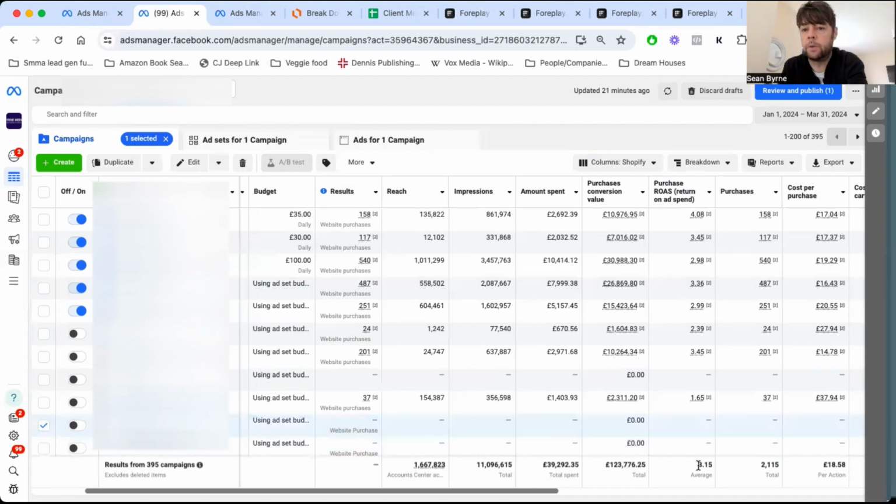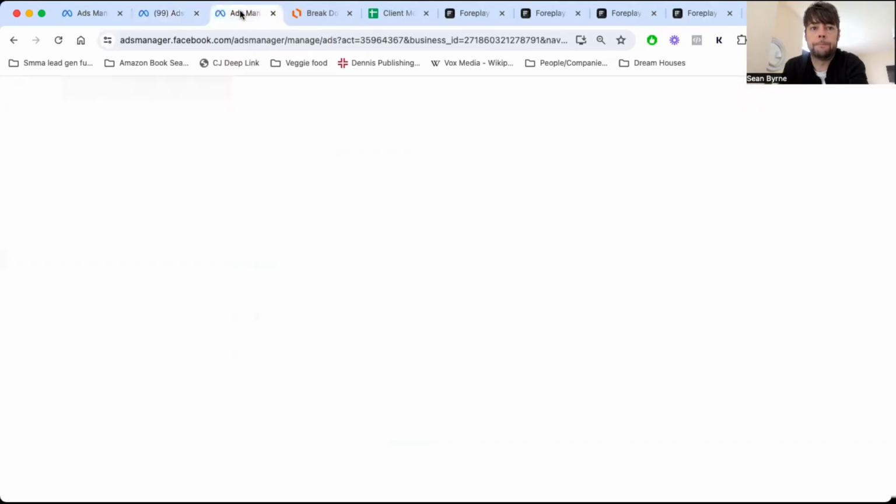So again, a ROAS of just over 3.15. The total orders were 2,115, and the CPA was £18.58, which is pretty good. Let's go into the next period here.